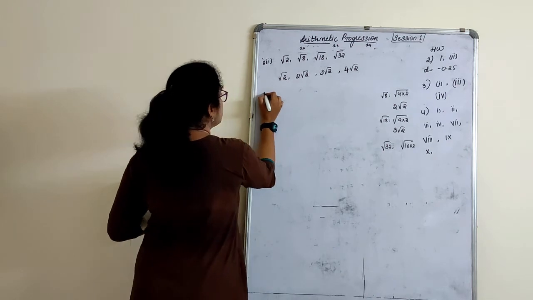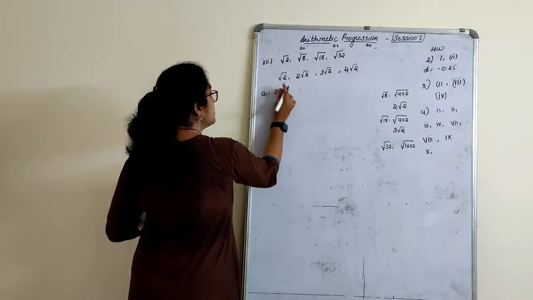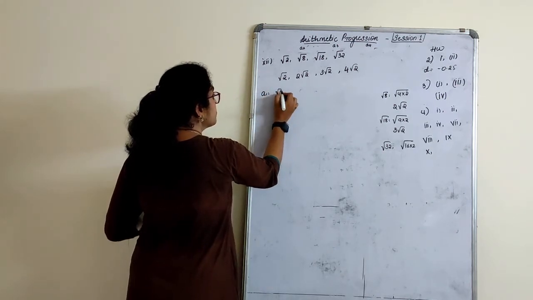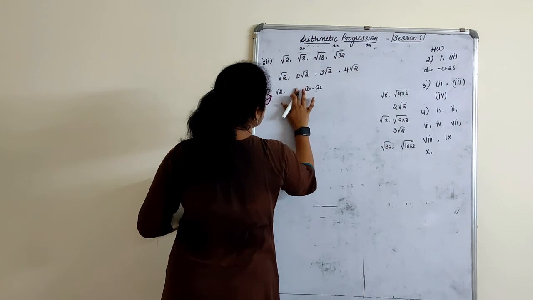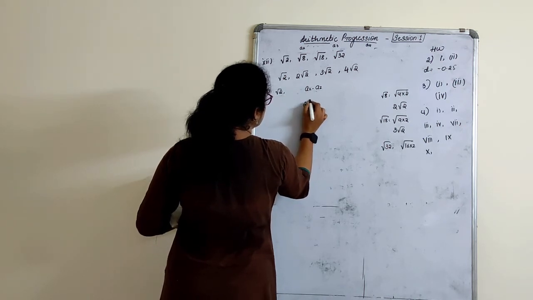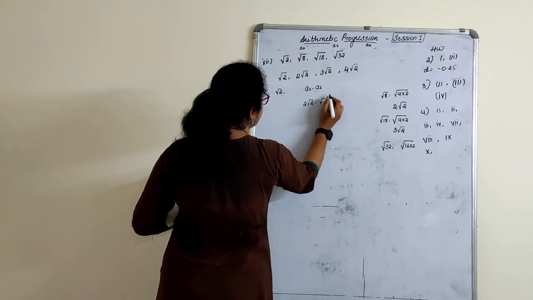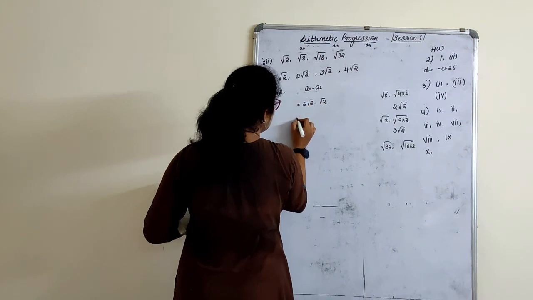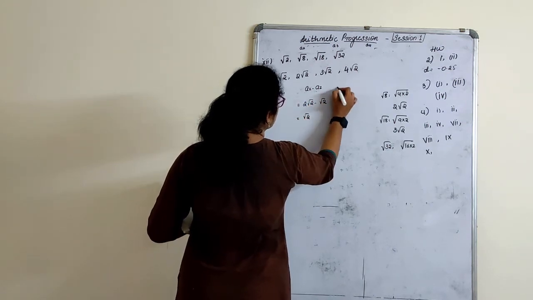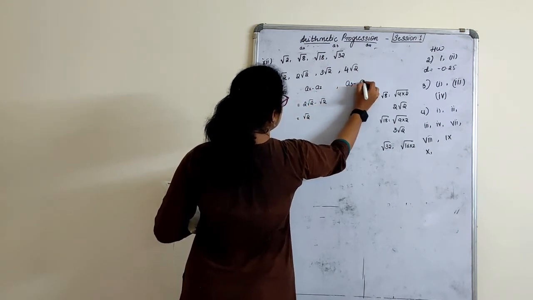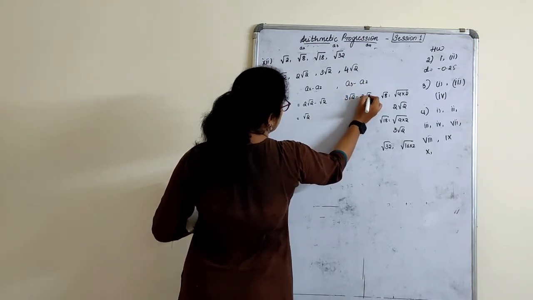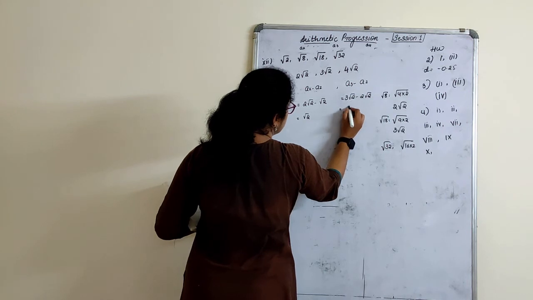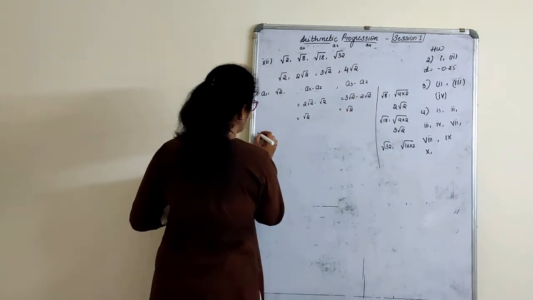So now the first term a1 is root 2. Now a2 minus a1 is what? Let us see. a2 is 2 root 2 minus root 2. The answer is root 2. a3 minus a2: 3 root 2 minus 2 root 2. The answer is root 2.